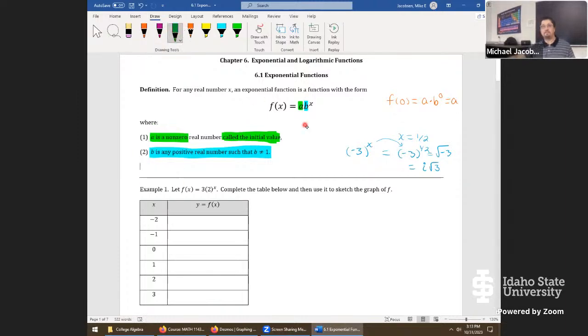A lot of these functions have a time component when we're doing them in applications. So we would think of this at time 0. The value is a. So let's say the initial value at 0 is a. That's the only reason we like to call it the initial value when we're dealing with the function.